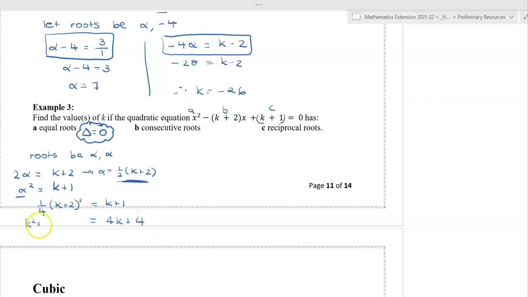Expand this bracket. Cancel. And I get k equals 0. Interesting. That would make it a perfect square if I look at that, and I would get one equal root.